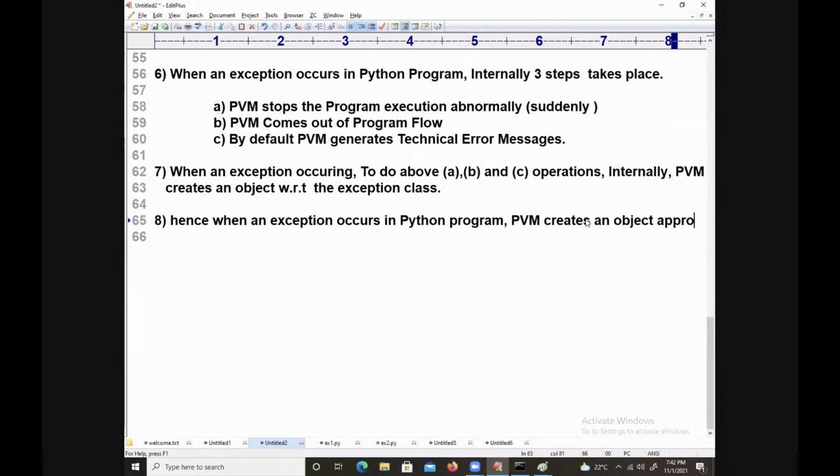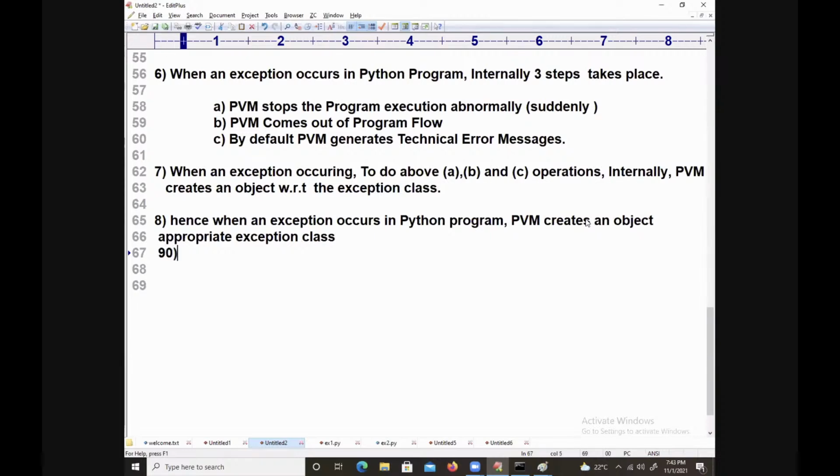So many exceptions I will tell you. What is the use of exception class? Somebody will ask you. The use of exception class is to terminate the program execution when an exception is occurring. Ninth point I will mention.